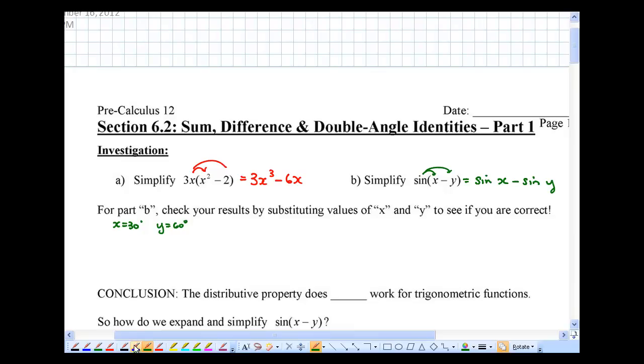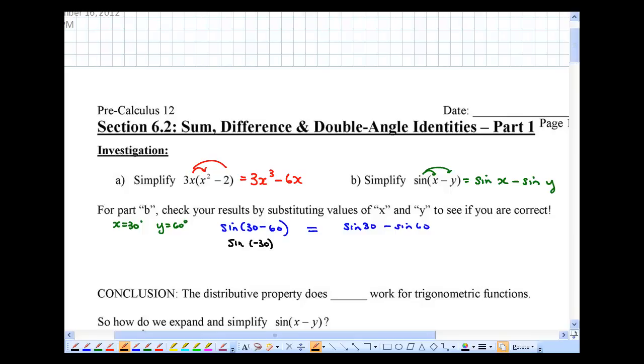So, let's go ahead and use what we did over there. Sine of 30 minus 60 is supposed to be equal to sine of 30 take away sine of 60. My left-hand side is now simplified to sine of negative 30. Once again, these are degrees.